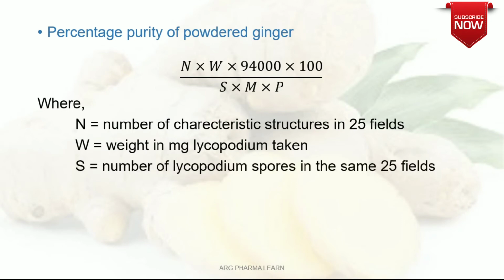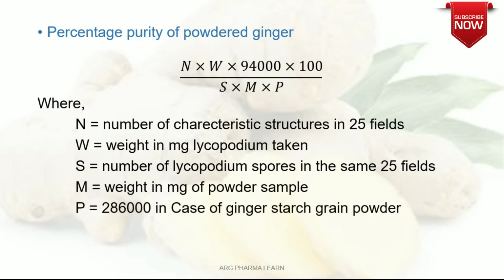S is the number of Lycopodium spores in the same 25 fields. M is the weight of powdered sample, also in mg. P is 286,000 in the case of ginger starch grain powder. So this P value changes depending on which powder we take.